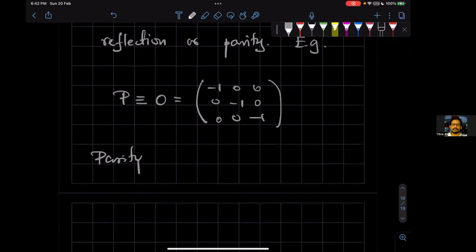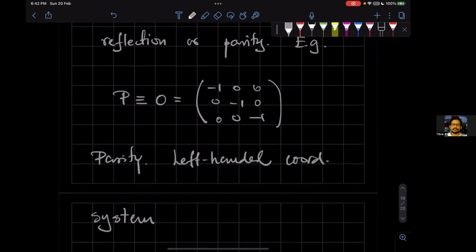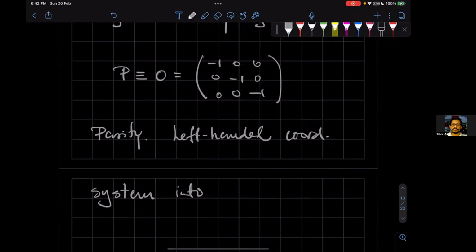And what it does is that it takes a left-handed coordinate system into a right-handed one, right?